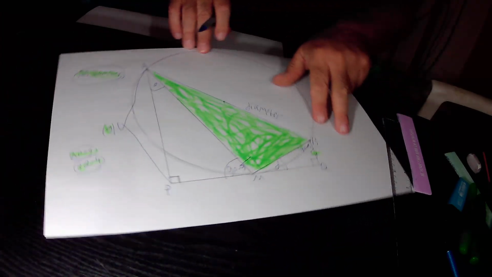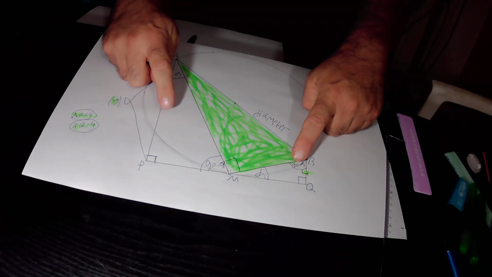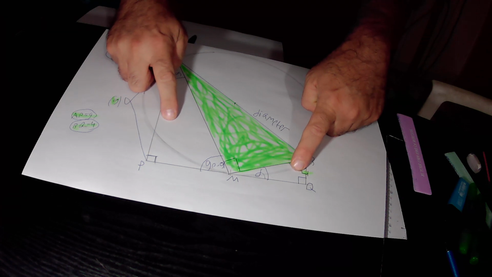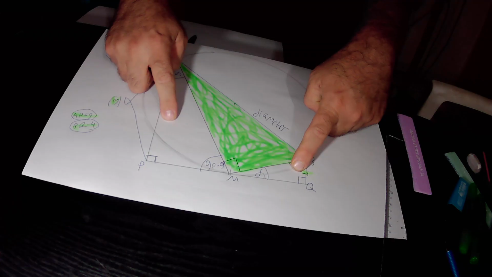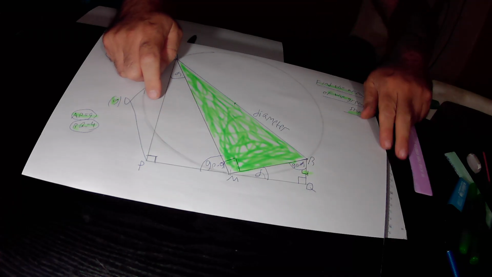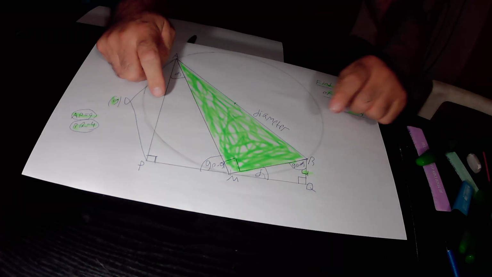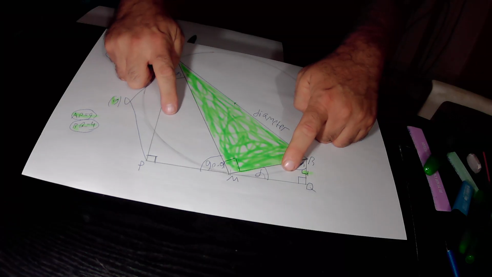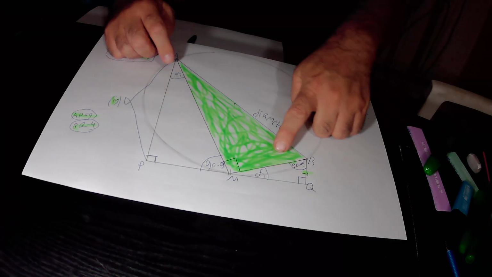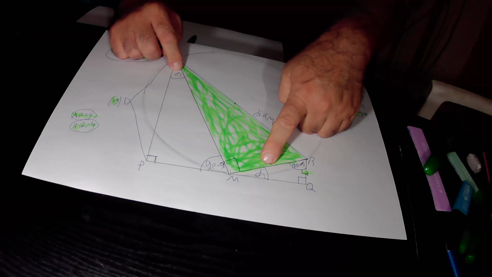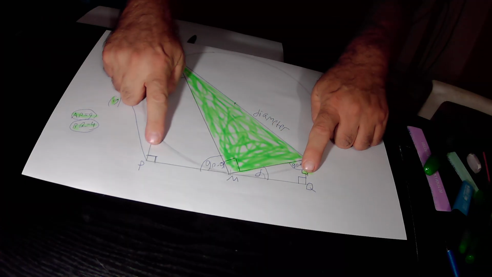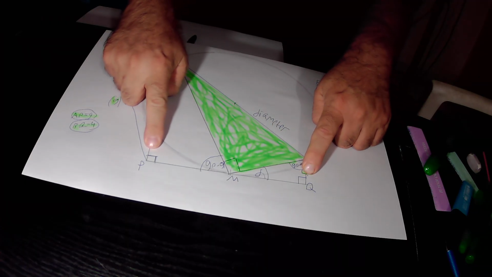It is very easy to see that those two right triangles are similar to each other according to the angle similarity rule. First of all, those two angles are both equal to alpha and therefore they are equal to each other. In addition, those two angles are both equal to 90 degrees and therefore they are equal to each other.